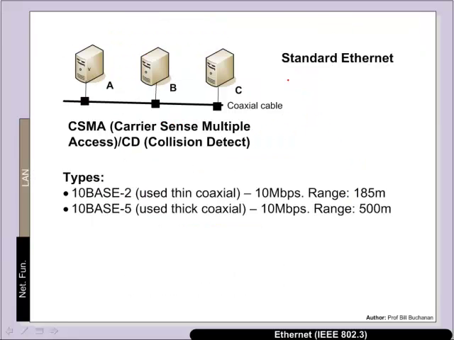And standard Ethernet typically uses two types of cable. We have a thin coaxial cable with 10Base2, or the thicker coaxial cable with 10Base5. We get a range of about 185 meters with the thin coaxial and 500 meters with the thick. Both transmit at 10 megabits per second.